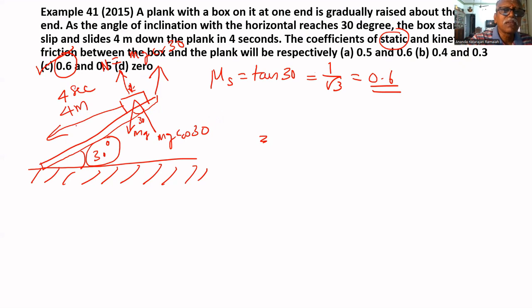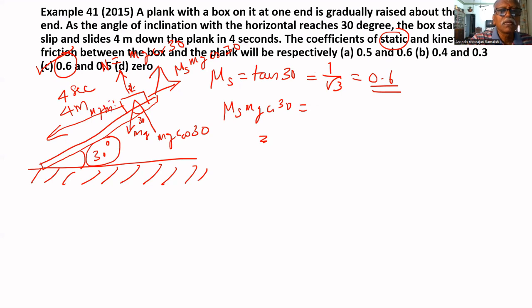This tends to slip down because of acceleration. That's why the reaction, frictional force, will act in this direction. That is equal to mu into N, therefore mu mg cos 30. Now it tends to move, therefore mu s mg cos 30 is equal to the opposite side force, mg sin theta.